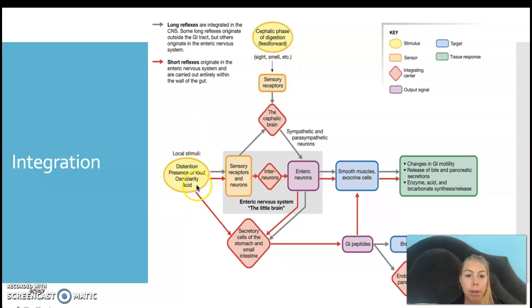However, you see here with the local stimuli that there is some long reflex at play because although it originates in the enteric nervous system, it is going to be integrated through the central nervous system. So the sensory receptors and neurons are then going to trigger the cephalic brain. So any local stimuli that goes via that pathway is going to be a long reflex.